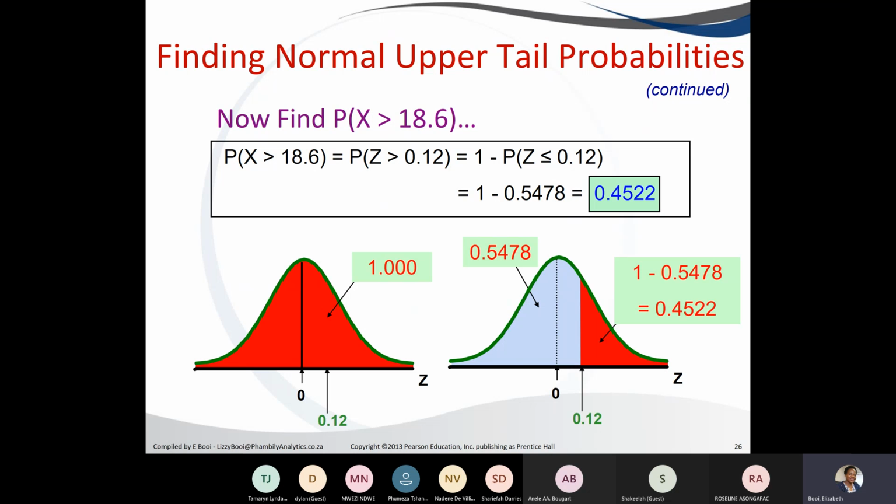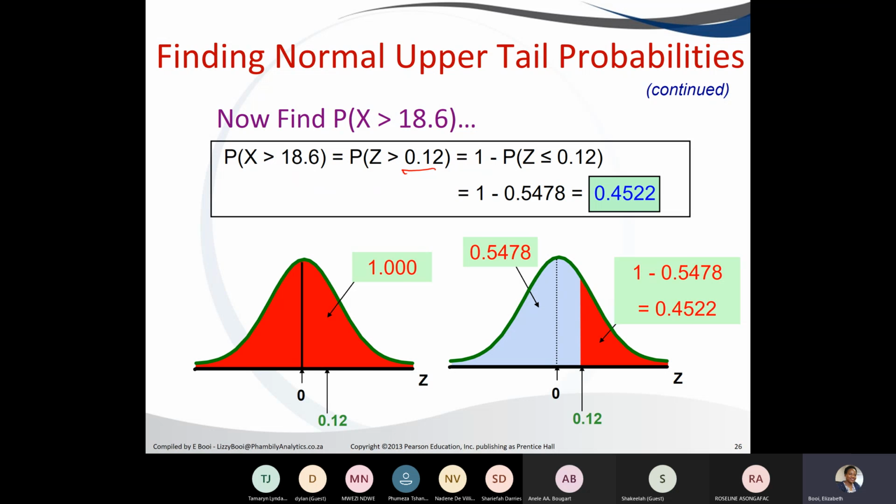So I'm just going to show you that after you calculate your Z value, you get 0.12. Remember that we calculated it when we did the first example. Therefore, because we're finding the probability of a greater than, we need to find the probability of Z less than on the table.